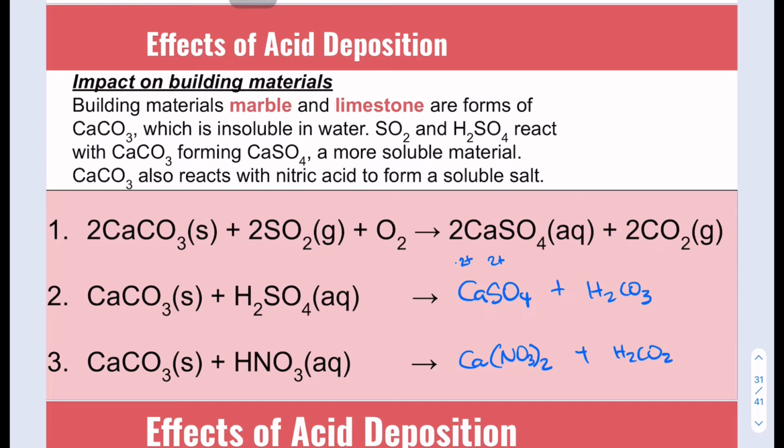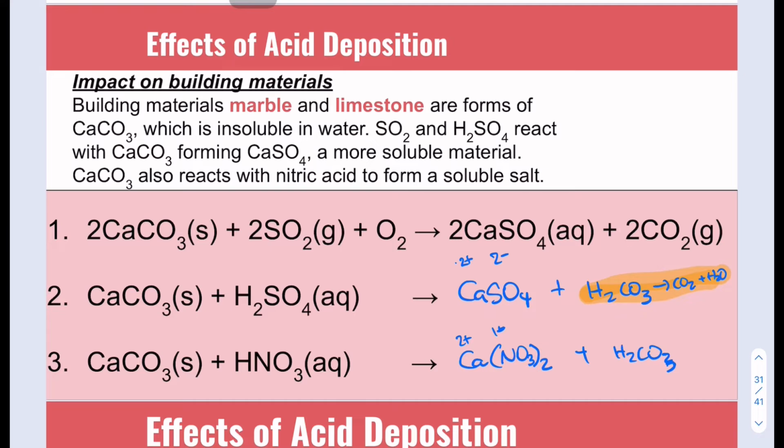Okay, calcium is 2+ and then nitrate is 1-. So this is supposed to be 2- for sulfate. This is 1-, so that's why we have the formula as it is.